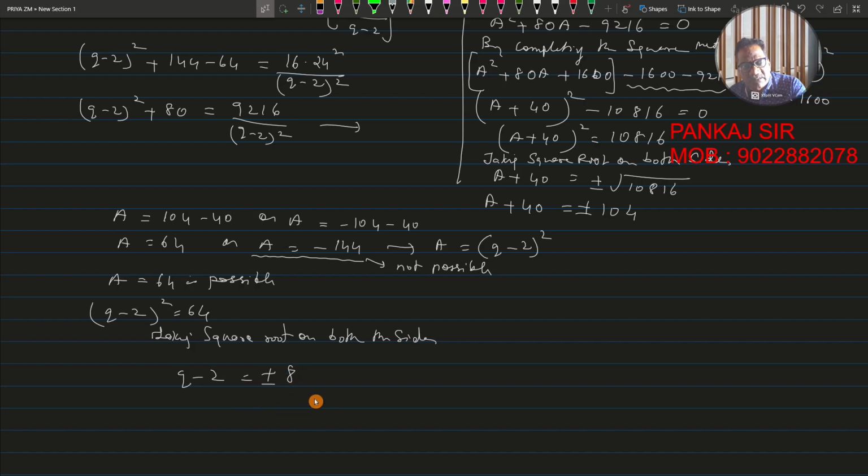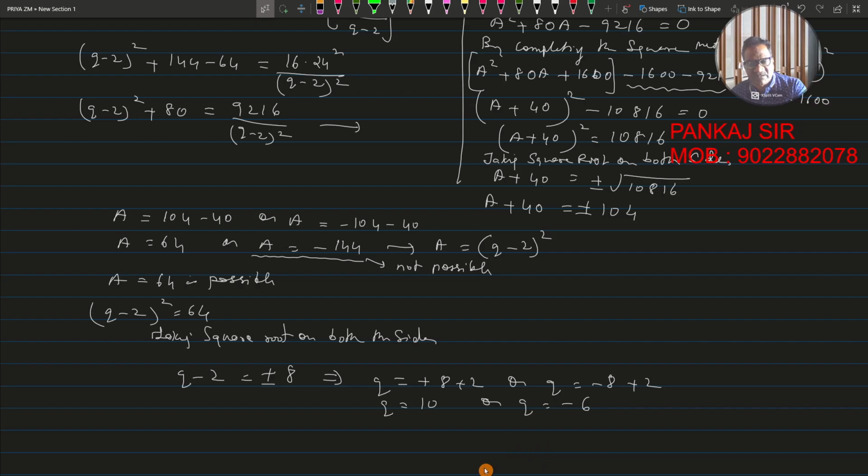This will give me the value of q as q equal to plus 8 plus 2, or q equal to minus 8 plus 2. So q will be equal to either 10 or minus 6. So these are the two values of q that I am getting.